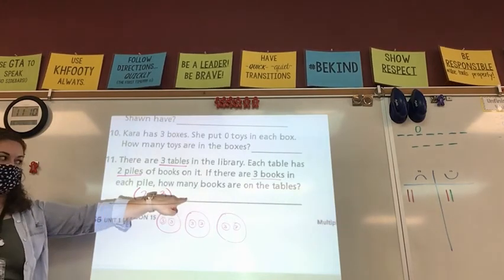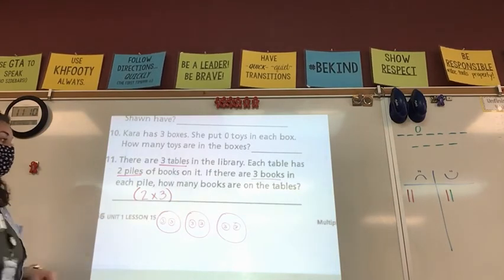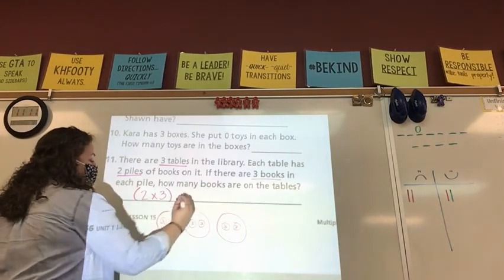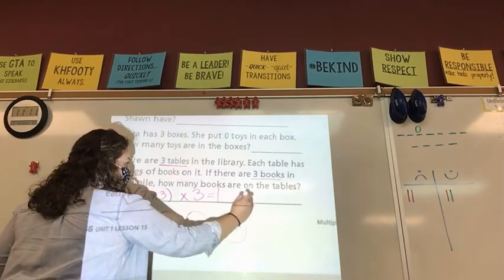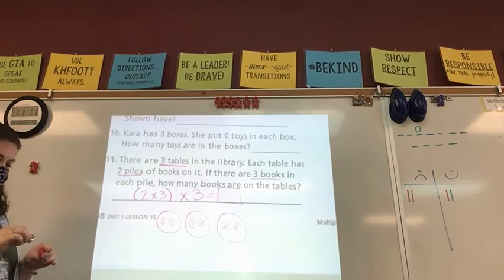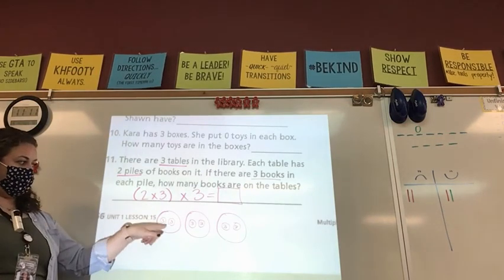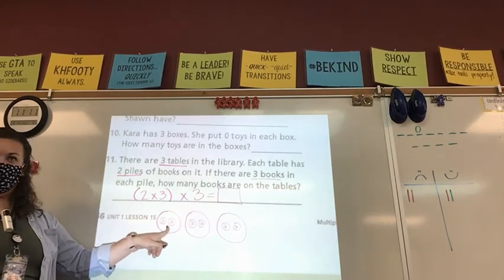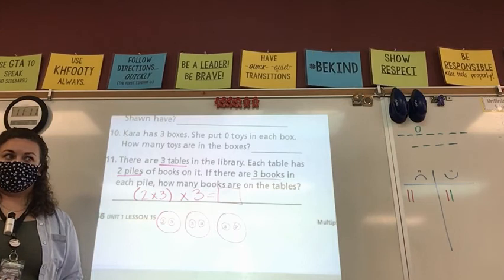So I can say times 3 equals unknown. Do you see how that's going to represent it? Each table's got 2 groups of 3, and we need that many books times the 3 tables.